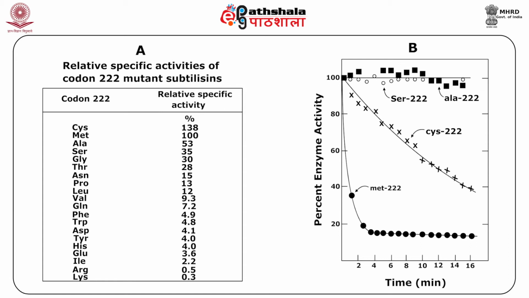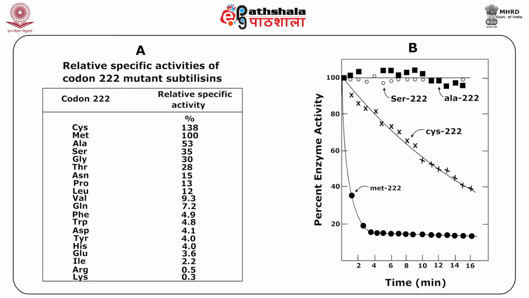We can see in figures A and B that the relative specific activity with these substitutions, with cysteine, is 138%, and with alanine it is 53%. However, the time of exposure in the presence of bleach is not hampering the activity if methionine 222 is replaced by alanine or serine.